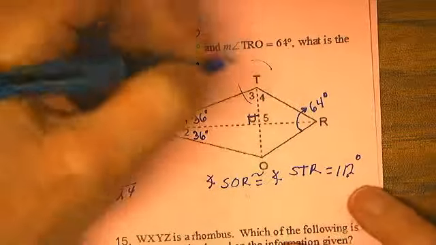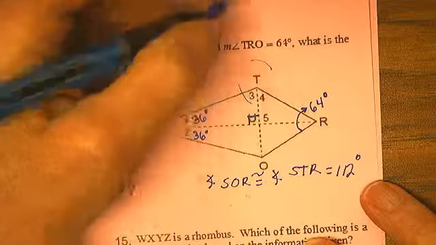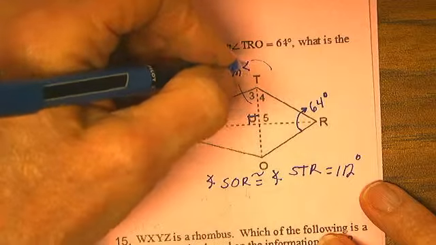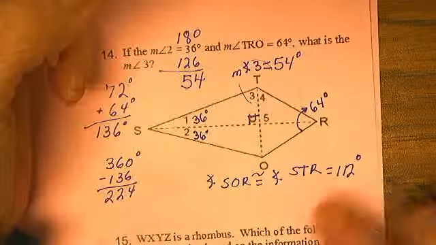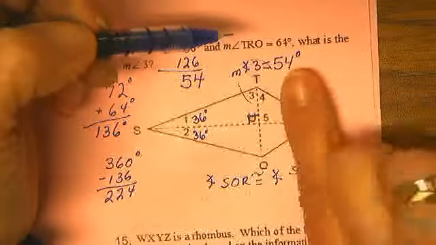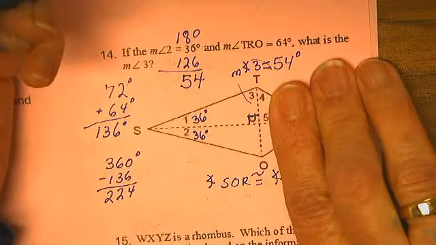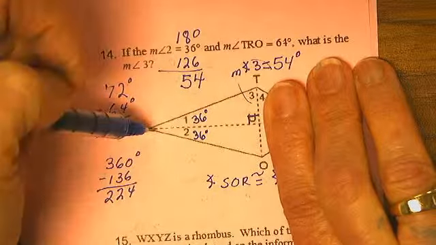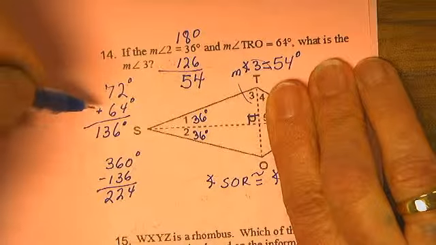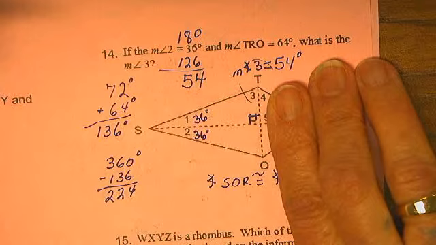So the measure of angle 3 is 54 degrees. The measure of TRO doesn't mean anything. We don't even need that at all, because we have a lovely little right triangle right here. Half of this calculation I didn't even need to do.